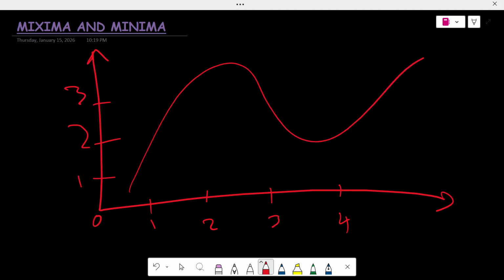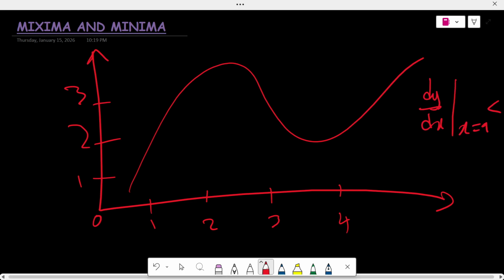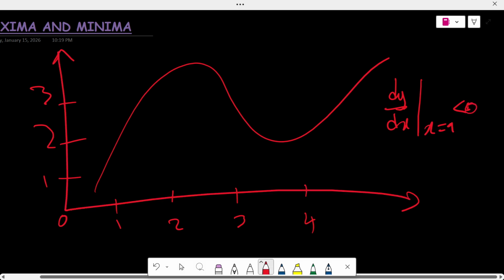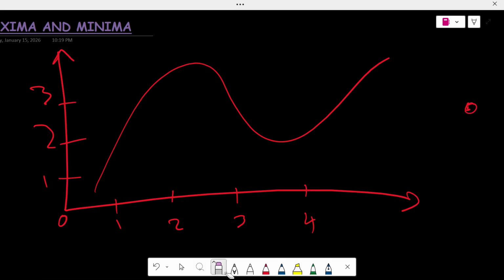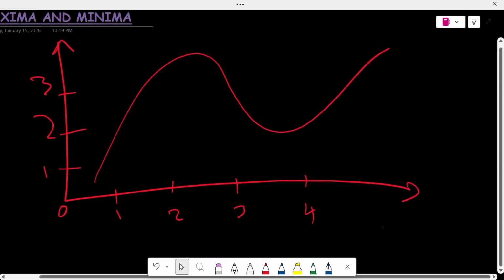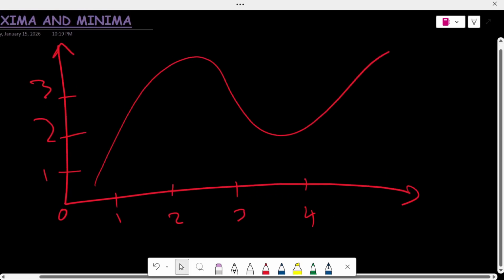Oh, by the way, if a function is decreasing, it means its derivative at that point is less than 0, right? I forgot to mention that, sorry.